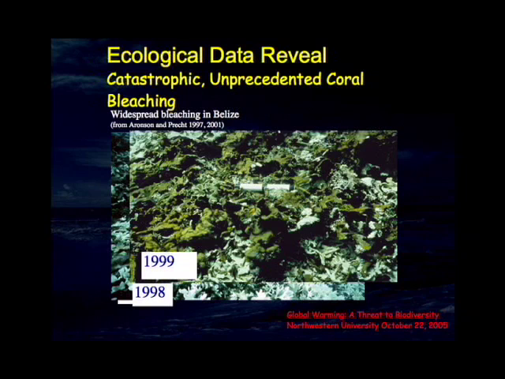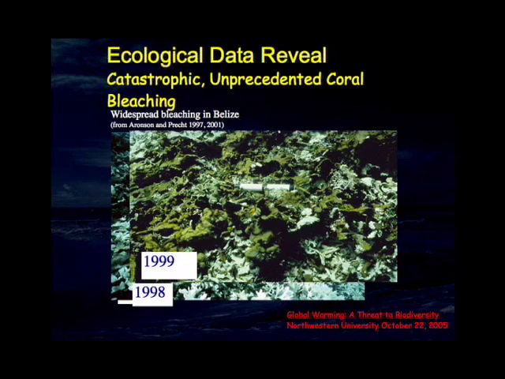So here's a normal coral reef system in Belize in 1995. In 1998, we had that unusual El Niño with really intense heating of the entire equatorial regime. And we can see here the coral bleaching that took place in 1998. In this regime, about 46% of the corals were affected.